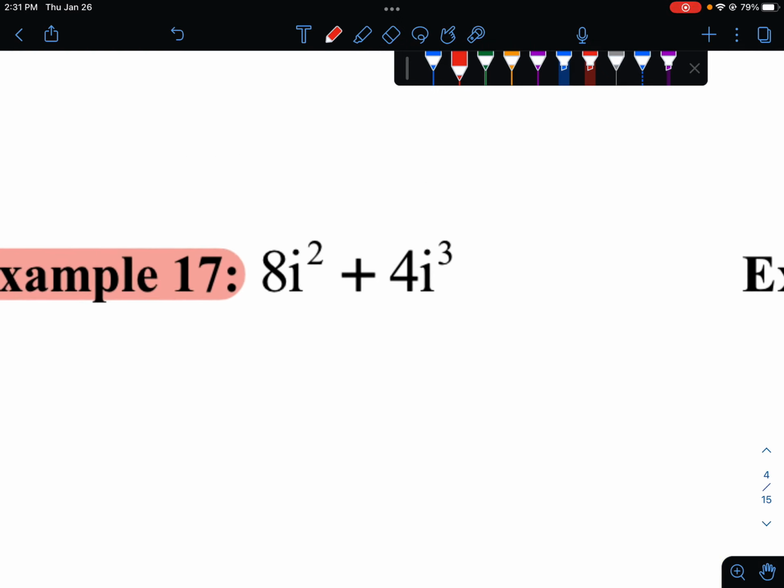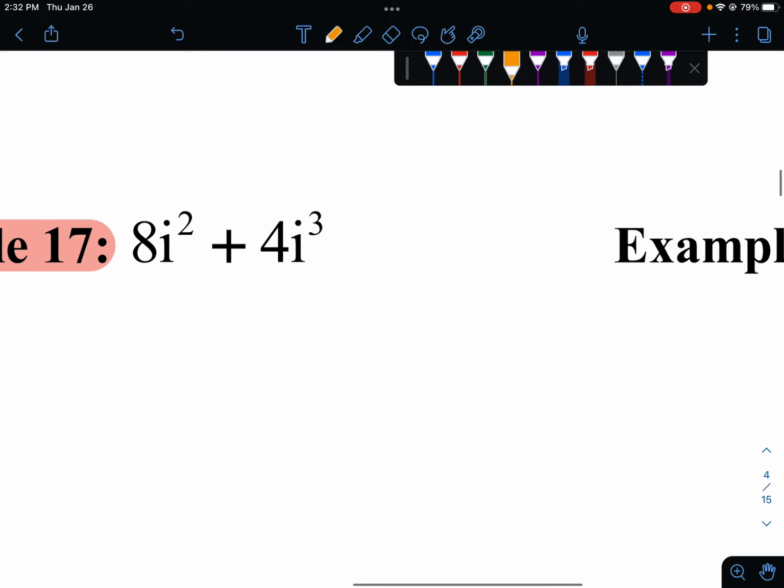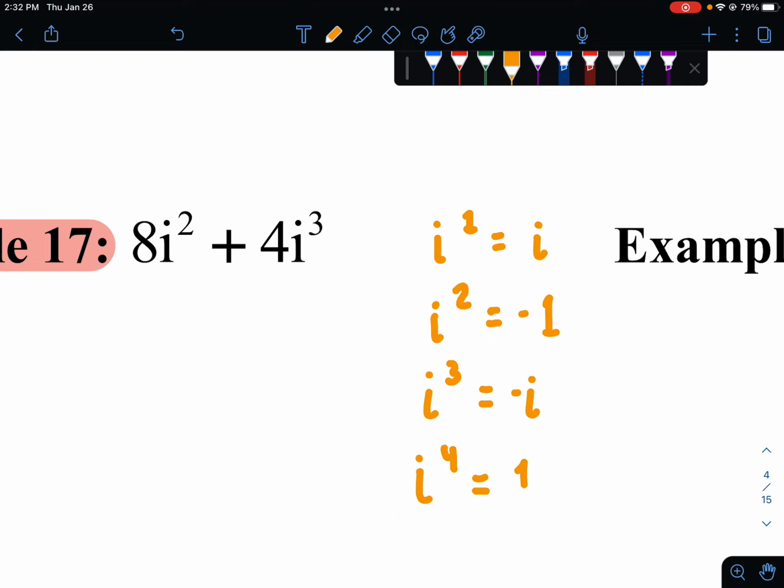So on these other problems, we want to remember that i to the first is i, i squared is negative 1. I'm just rewriting these values from the chart above. And i to the fourth is equal to 1. Notice we didn't get any out of whack values here. So what I'm doing is rewriting these, but instead of i squared, let's use a better value.